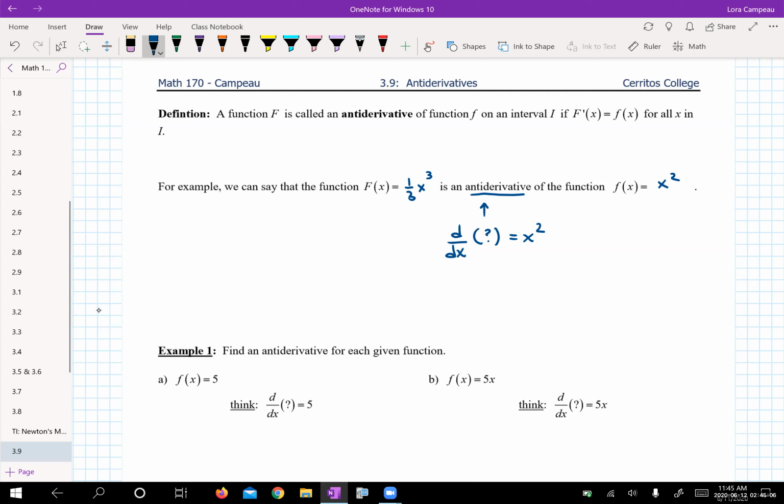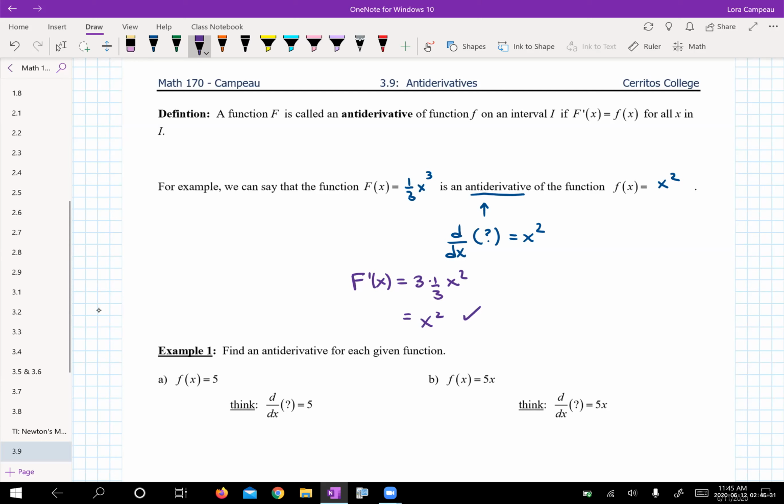We can check it. If I take the derivative of capital F, that would be 3 times 1/3 x squared. The 3 times 1/3 cancels out to be x squared. So that is, in fact, our antiderivative.